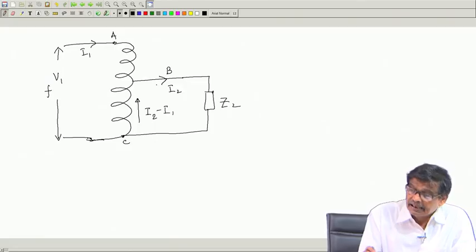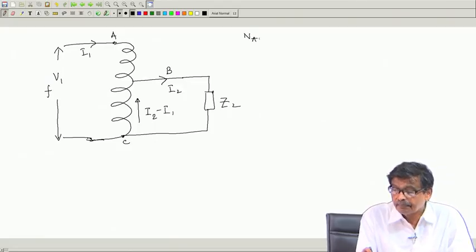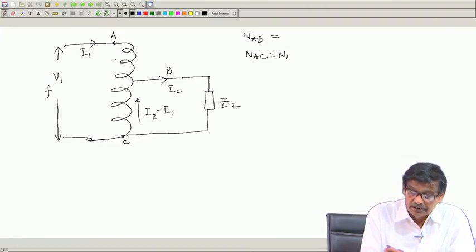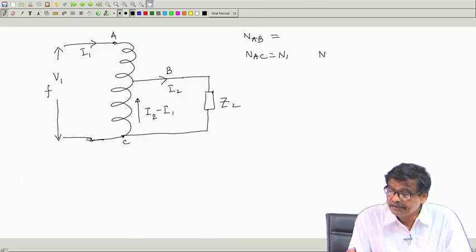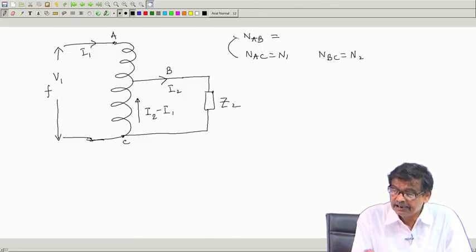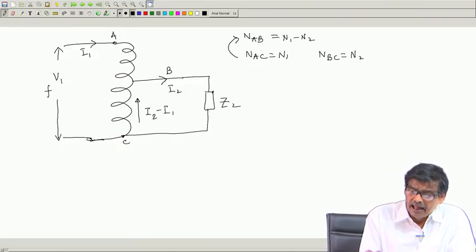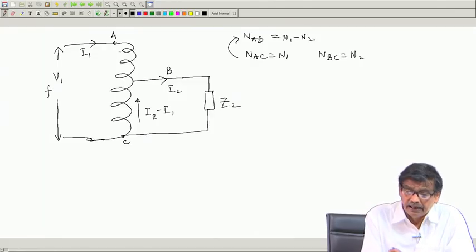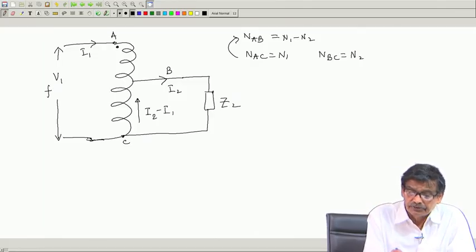The number of turns N AC is equal to N 1, the total number of turns, and N BC is equal to N 2 turns, and from these two we get N AB to be equal to N 1 minus N 2. And I told you that these are the dots here. Therefore, if I 2 minus I 1 leaves there, I 1 comes in.